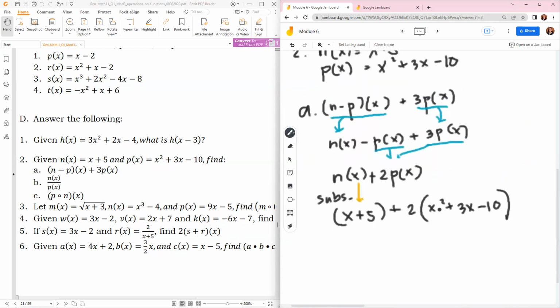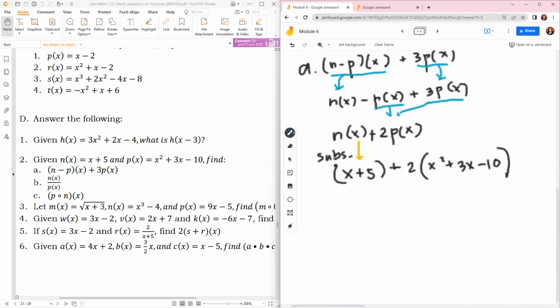Okay, before we continue, I think it would look neater if we factor it.